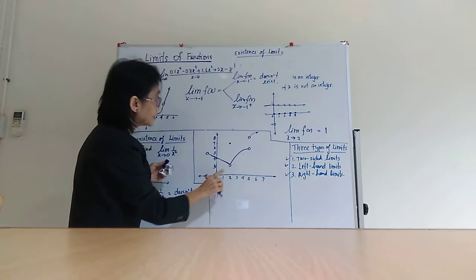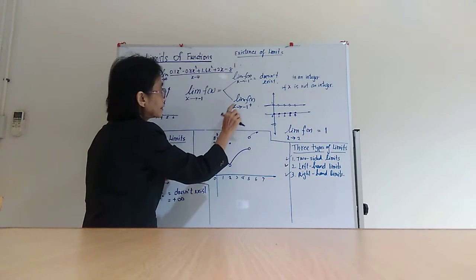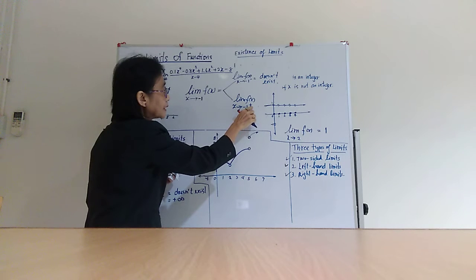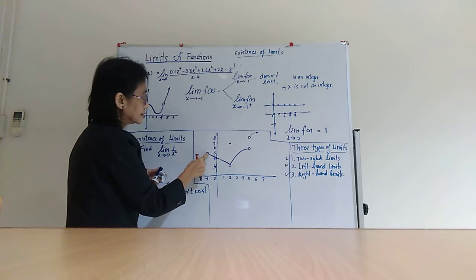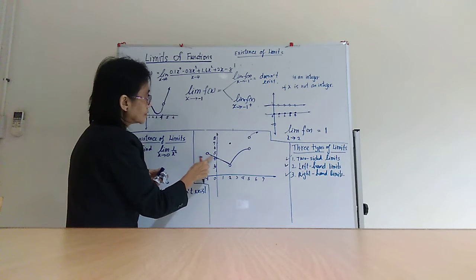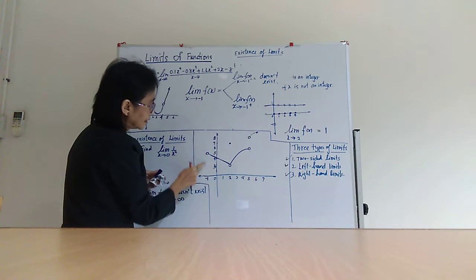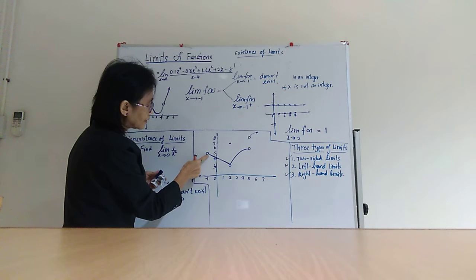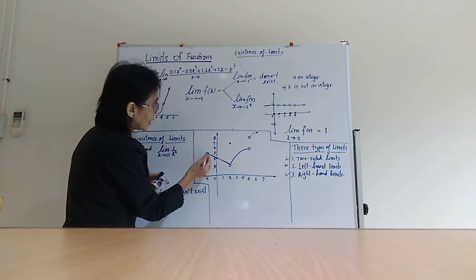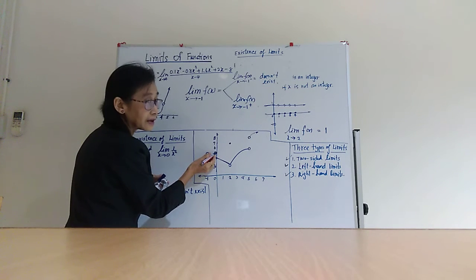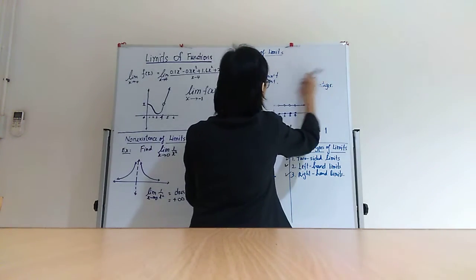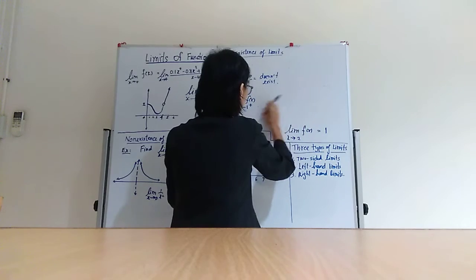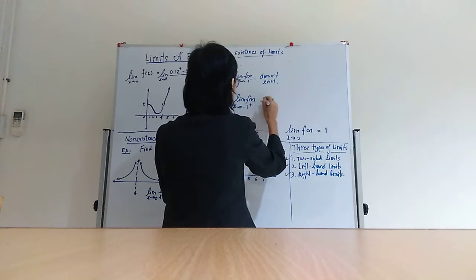Okay, and then if you read the limit of f of x when x approaches negative 1 plus, then you read from the right side. So when you read here, when x gets closer to negative 1, our y is what? Here, right? 5. So you answer this one equals 5.